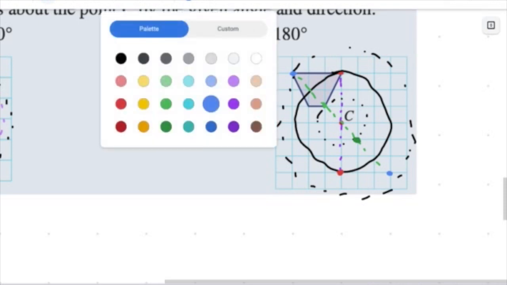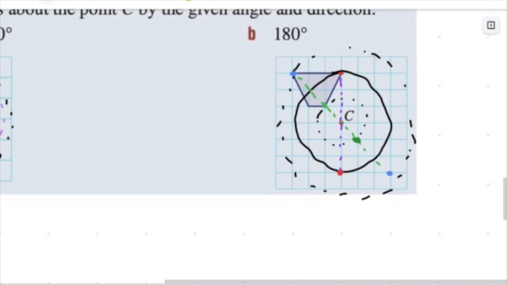Let's say, sorry, this is getting a little bit messy, but say this point here, if I drew 180 degrees passing through the center, I'm going to wind up here. So I've gone all the way around 180 degrees. I've made half of a revolution. And I've mapped out now all of these points along my little circles of rotation.